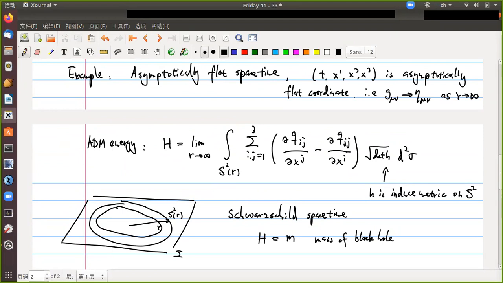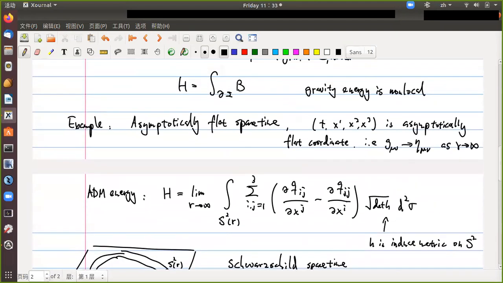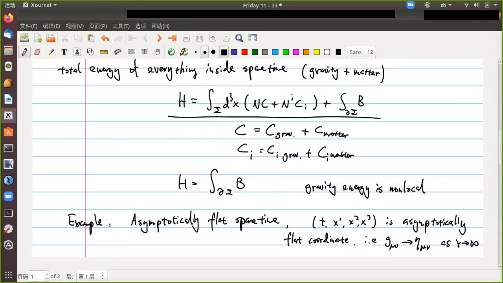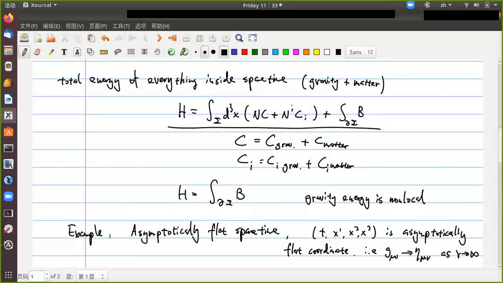No, it's not localized. In general relativity, if you couple matter to gravity, you don't have local energy. You have local energy for the matter field because you didn't couple it to gravity. You just consider the matter field on spacetime.